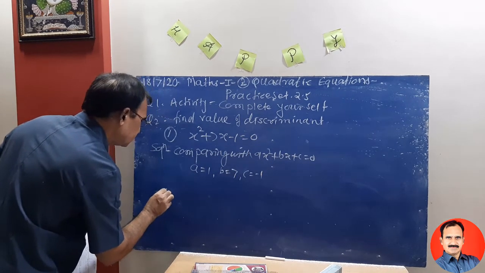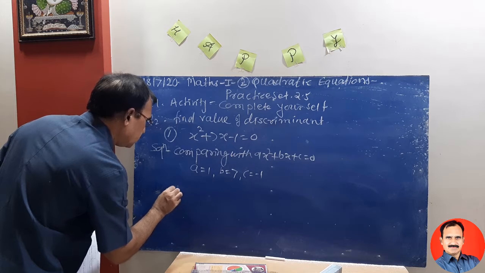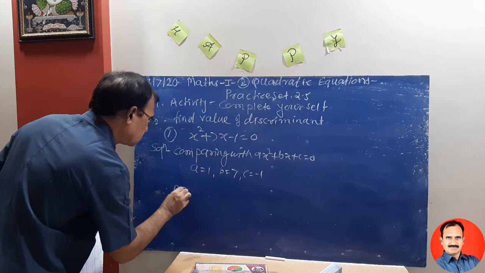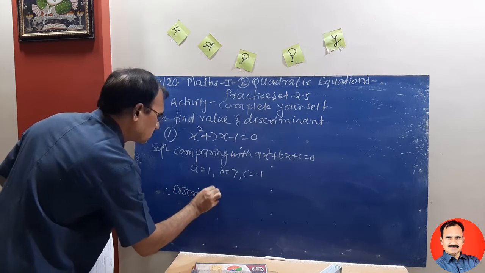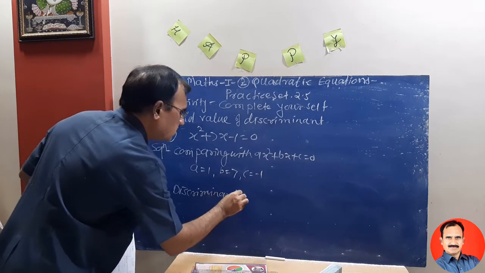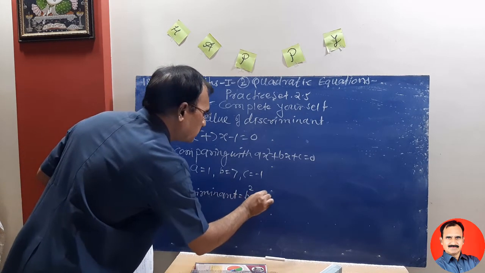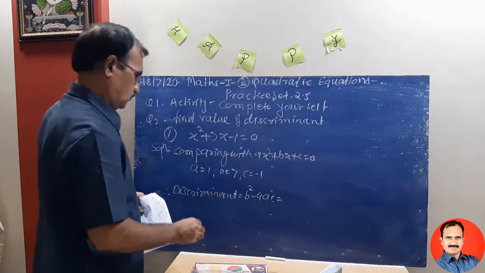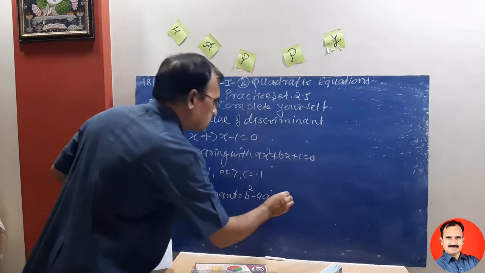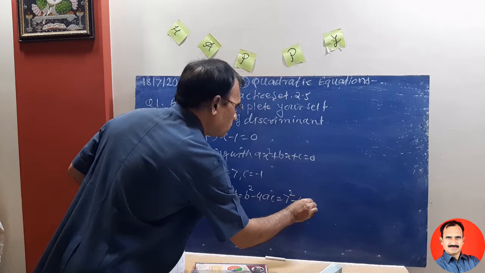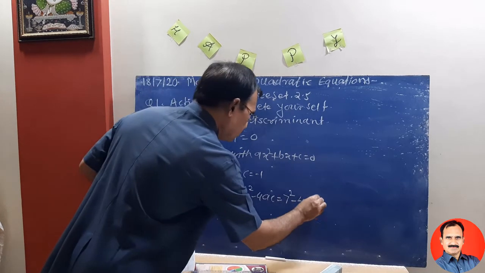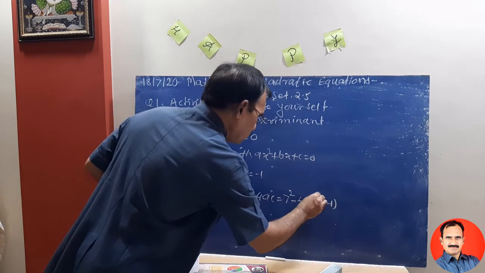Then discriminant is equal to b square minus 4ac, which is b is 7, 7 square minus 4 into a is 1 into minus 1, keep in bracket.